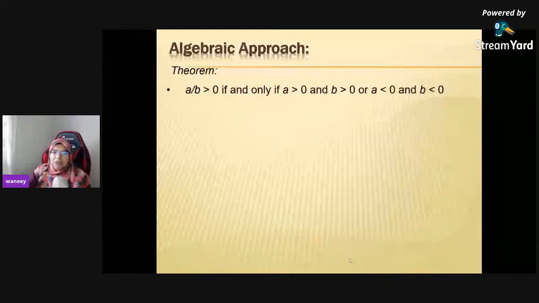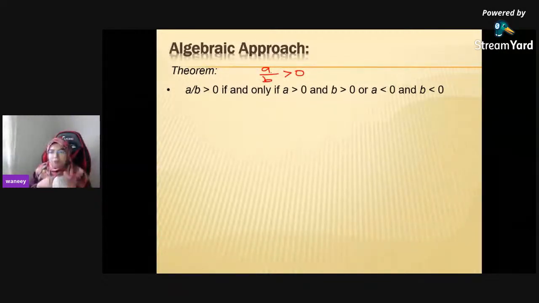A over B is greater than 0 if and only if A is positive and B is positive. So a positive number divided by a positive number, we get A over B which is a positive number. Or A must be less than 0 and B must be less than 0 as well. So A is a negative number, B is also a negative number. That is why we can have something that is greater than 0.